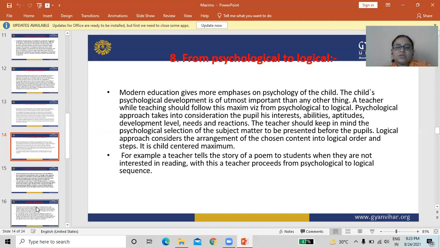The logical approach considers the arrangement of the chosen content into logical steps. It is a child-centered maxim. For example, a teacher tells the story of a poem to students when they are not interested in reading. With this, a teacher proceeds from psychological to logical sequences.